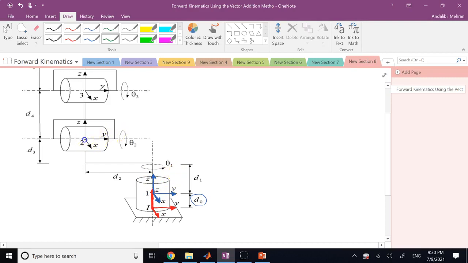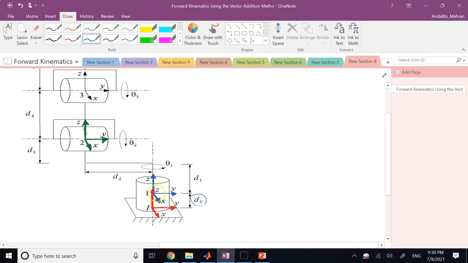And then you go to frame 2, you put it at the center of this joint. So you kind of see why frame 1 is added in this case: the coordinate frames like 1 and 2 are at the center of the joint, and since inertial is put at the bottom, that's why frame 1 is also considered.